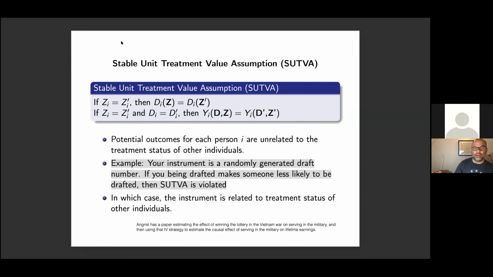All right, so let's see what SUTVA means. SUTVA means if I'm drafted, it can't affect whether or not someone else is drafted.